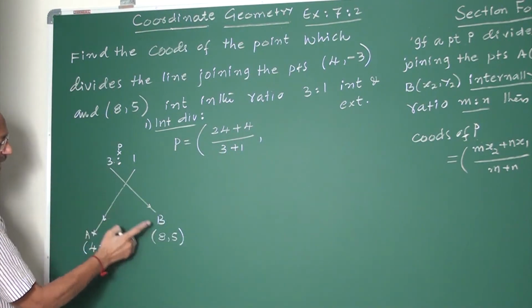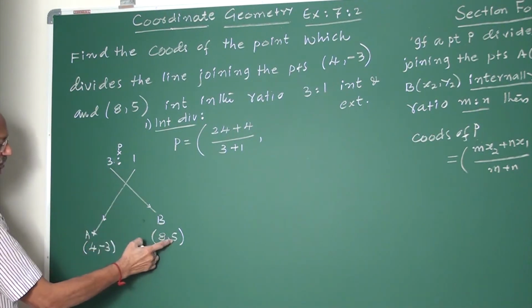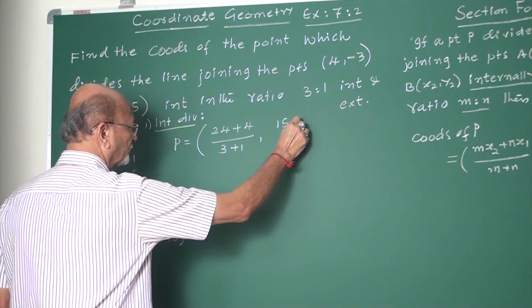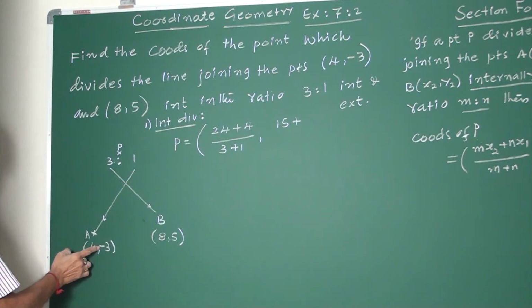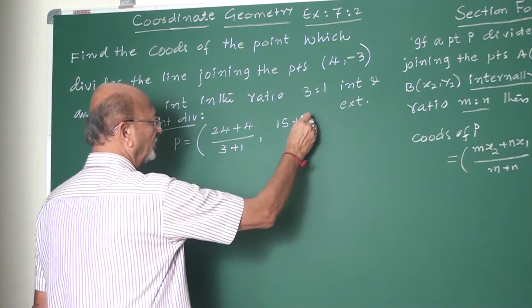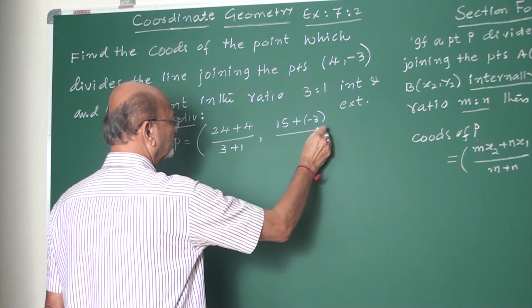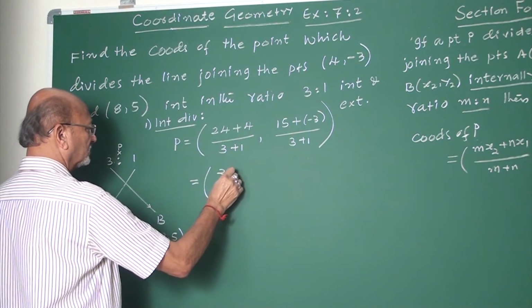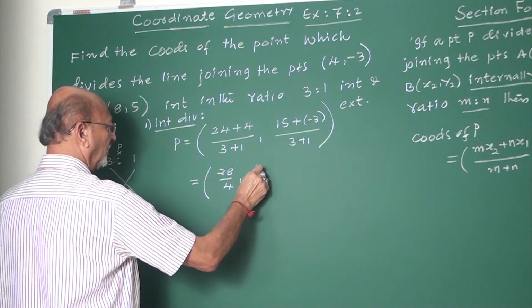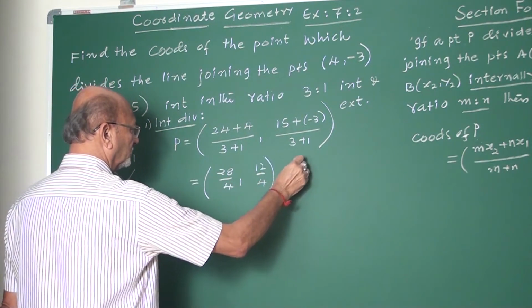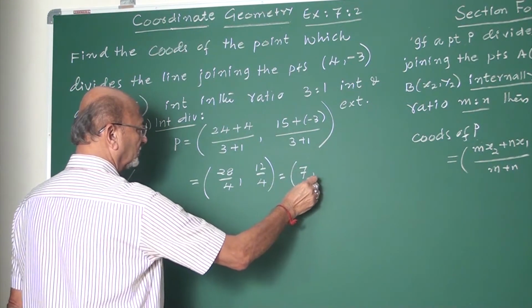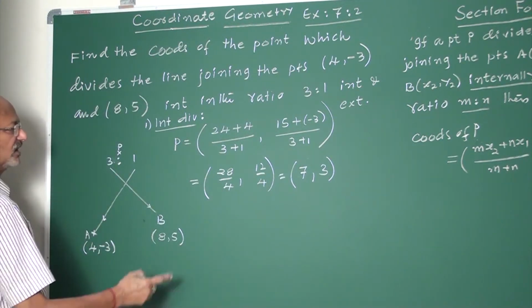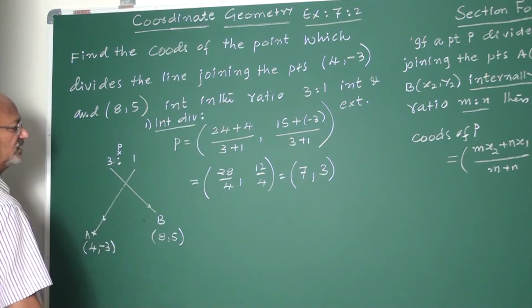Next, my2, 3 into y2, means y coordinates, 5, plus ny1, 1 into minus 3. Down is 3 plus 1. Simplified: 28 upon 4, 12 upon 4. 28 upon 4 means 7, 12 upon 4 means 3. These are the coordinates, my friend, when it is internal division.